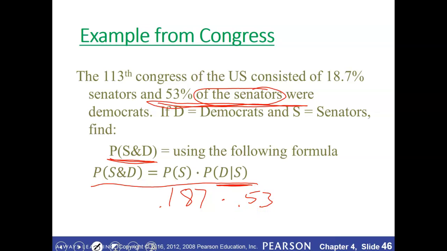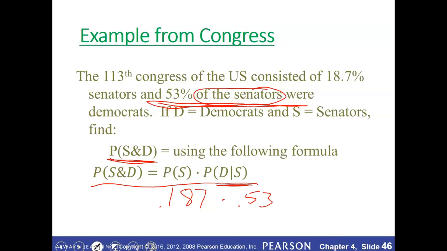So I would take 0.187 and multiply that times 0.53.